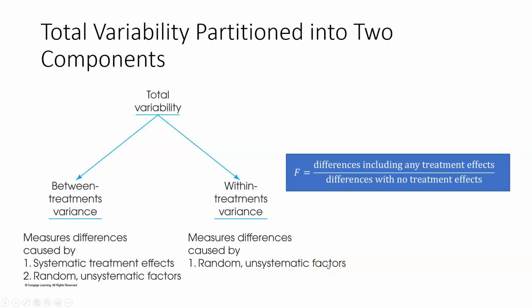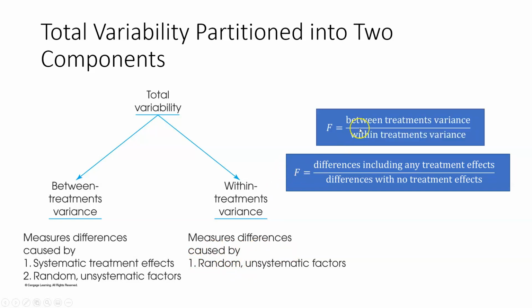If we compare these two things against each other, the differences both because of randomness and because of systematic treatments, that include any treatment effects, and we divide it by the differences with no treatment effects, the differences that we just find randomly by chance without a treatment effect, then we get our F statistic.